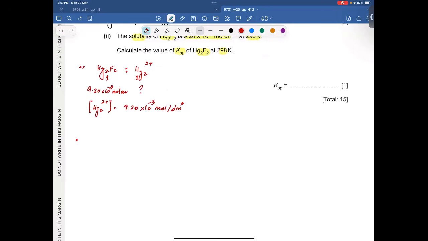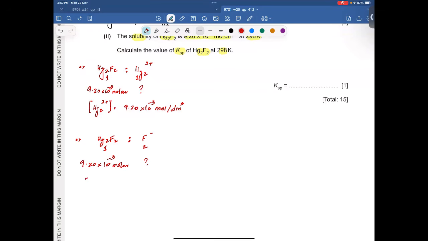In the second step, Hg2F2 and fluoride ions exist in 1:2 ratio according to the equation. When we have 9.20 into 10 to the power minus 3 molar, molar means mole per dm cube. That's a unit of concentration, guys.